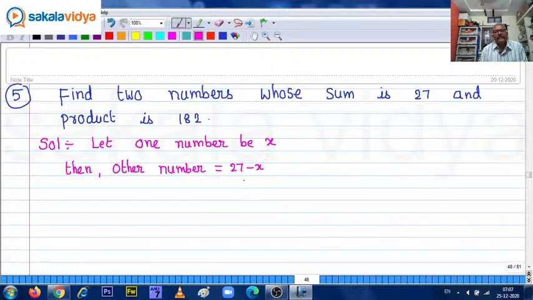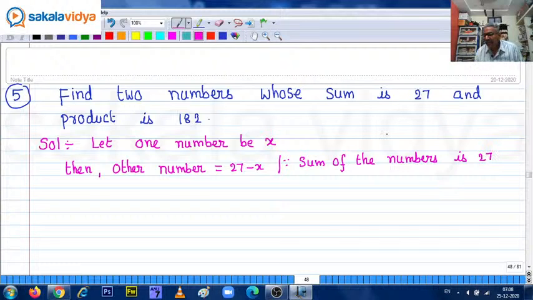Add these two, x cancels, you get 27. Since the sum of the numbers is 27, whenever the sum of the two numbers is given, you follow this strategy.